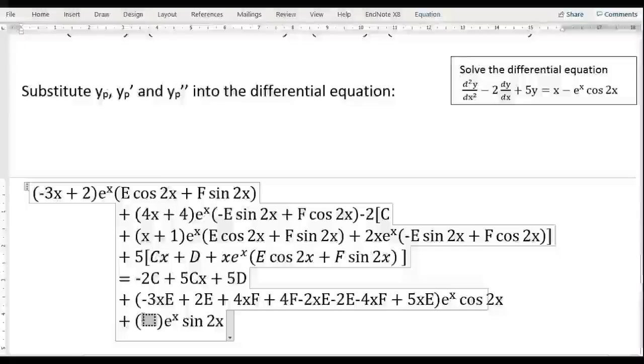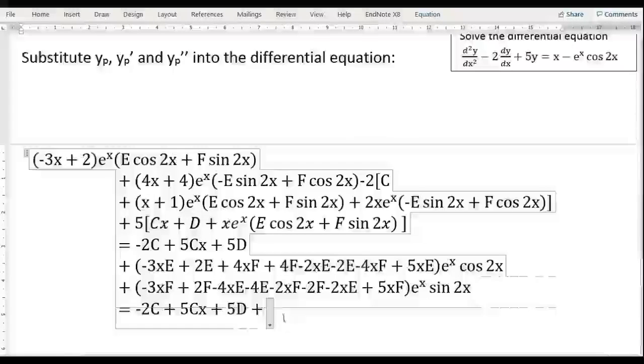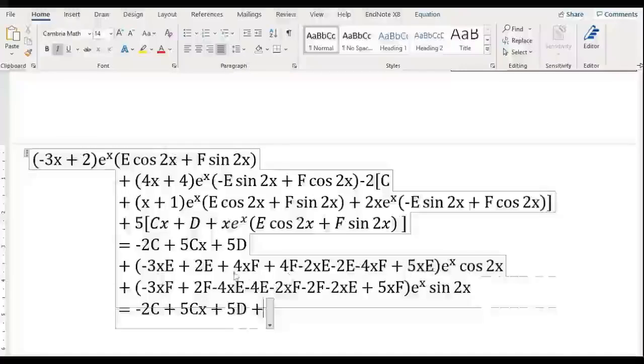What about sine? Okay, so this one we have 3x, so 5 minus 5 will cancel off. Then we have e, we cancel off also. xf will cancel off.